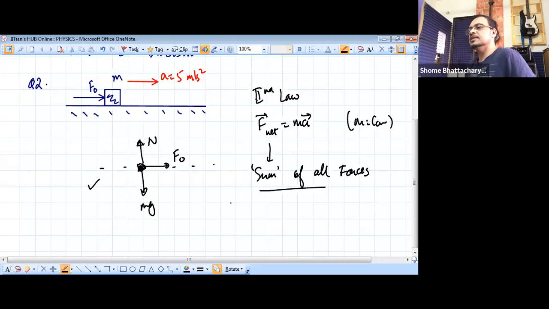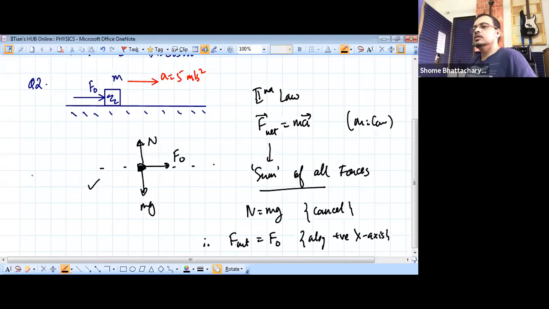Notice that N equals mg, these forces cancel each other. Therefore my net force is of magnitude F naught along the positive x-axis, if I take this as my x-axis and this as my y-axis. That is the concept I will use for solving this question.